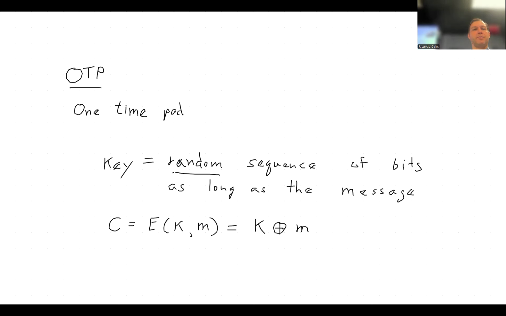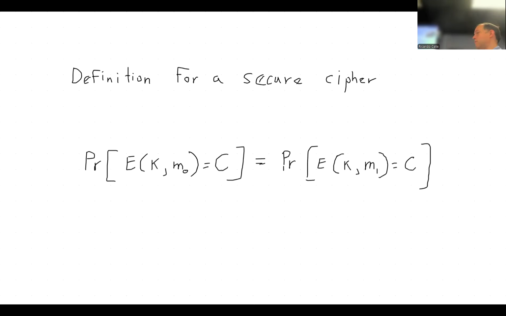Then Claude Shannon tells us the definition of a secure cipher is where you have this relationship of the probabilities. And then we talked about why the one-time pad is not practical.